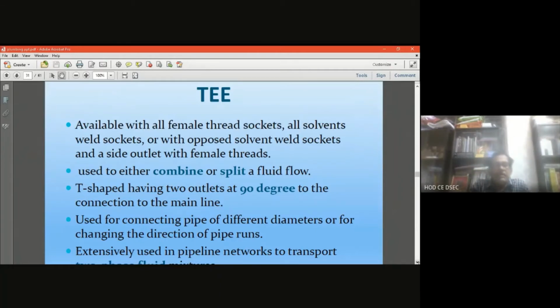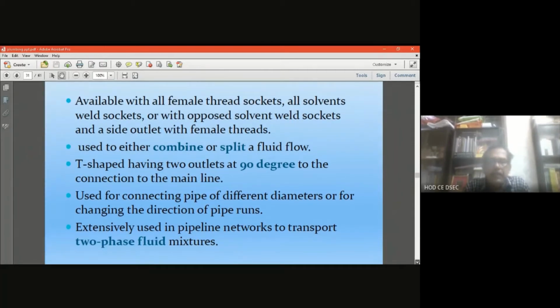Now, T-shaped, having two outlets at 90 degrees to the connection to the main line, used for connecting pipes of different diameters or for changing the direction of the pipeline.